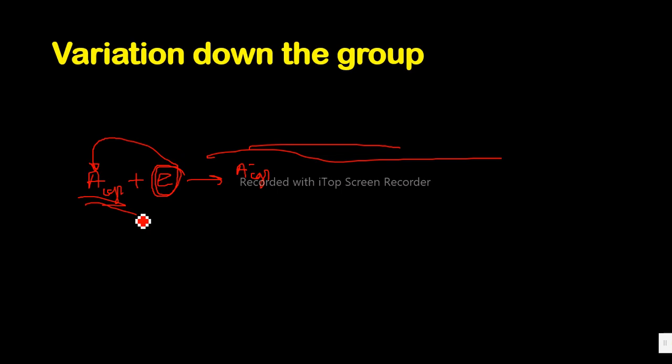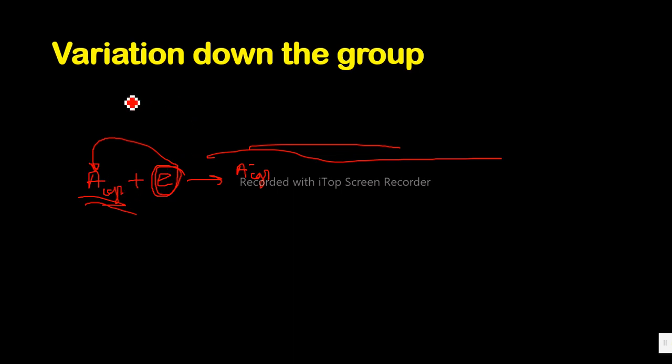If the nuclear attraction for this incoming electron is high, then much energy is going to be given out when this electron is added onto the gaseous atom. That's why the electron affinity increases across the period.